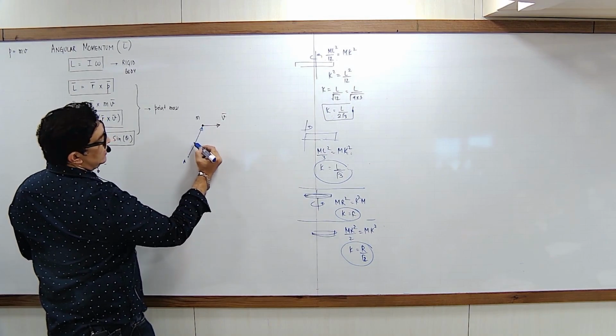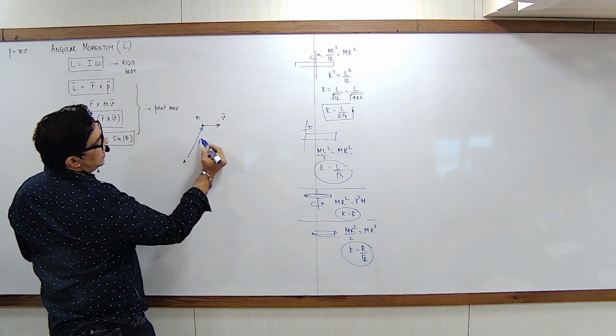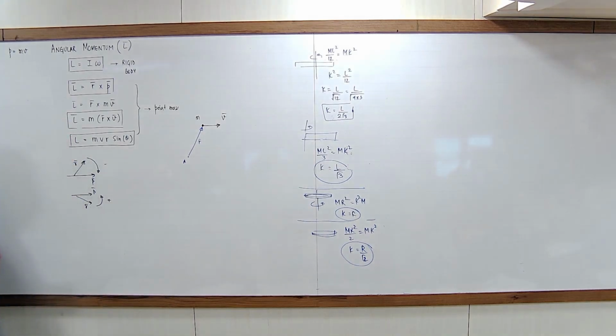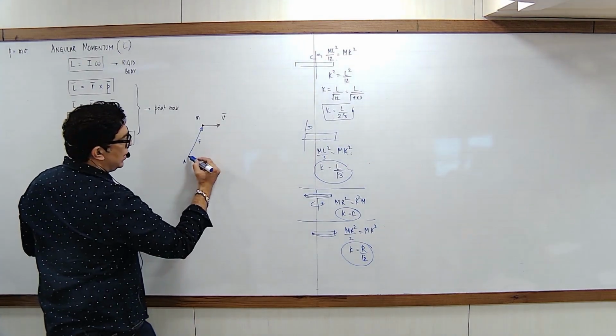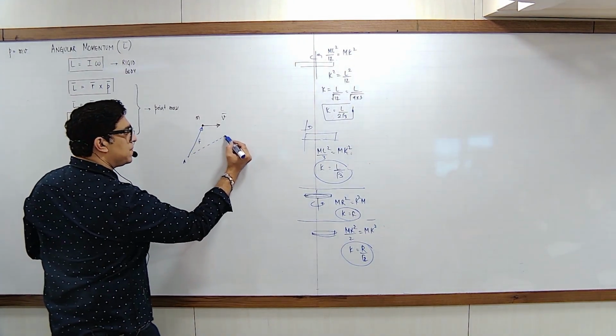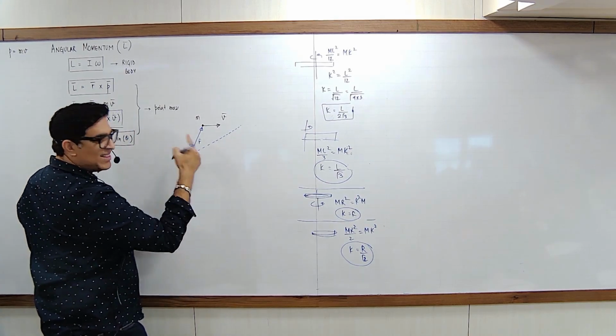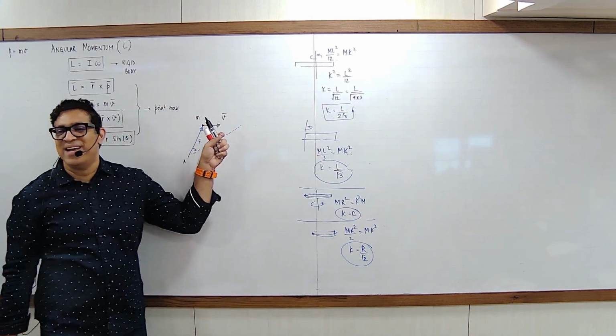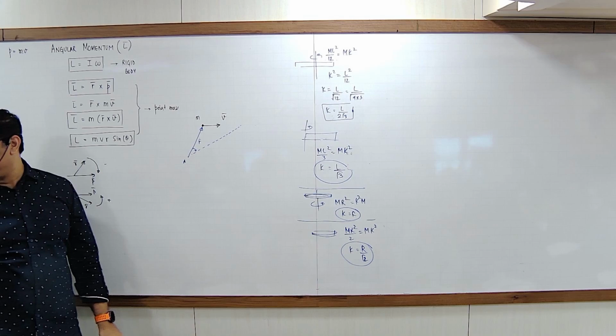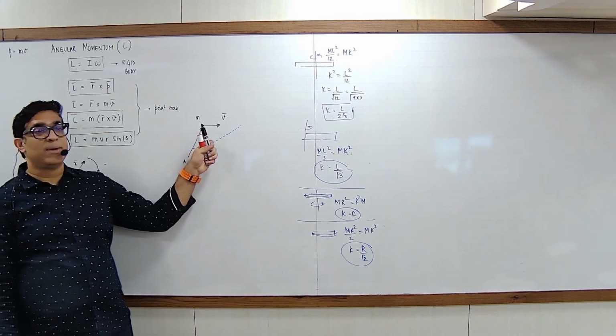That is your position vector R. Now, when the body goes here, will the position vector change? Yes or no? Has the position vector swept out an angle? That's why even this is contributing to angular motion. Has everybody got this? So why is it contributing to an angular motion?